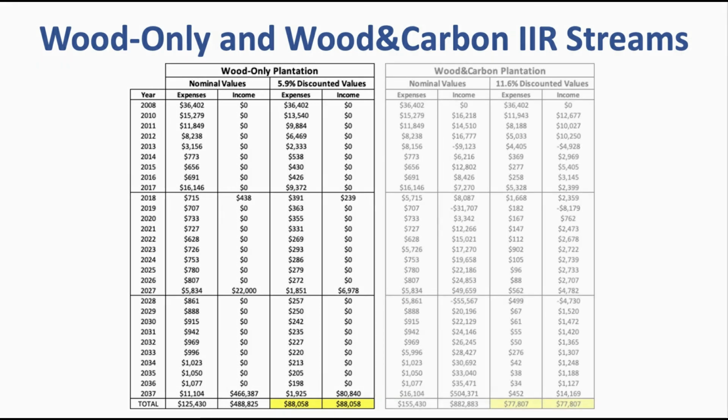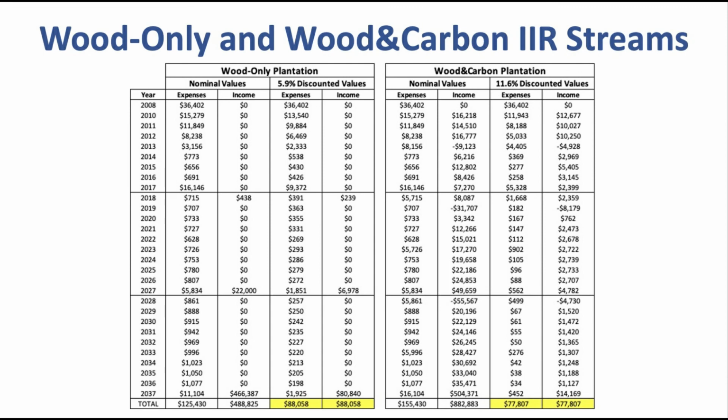We can do the same thing for the wood and carbon income streams, putting down the expenses and the income for each of the 30 years, and then discounting that under a different rate of discount until we get the discounted income and the discounted expenses being the same.